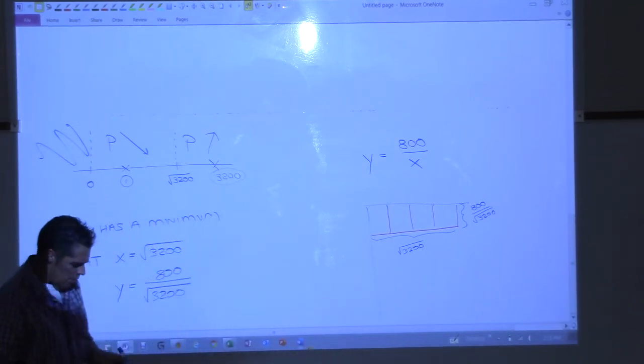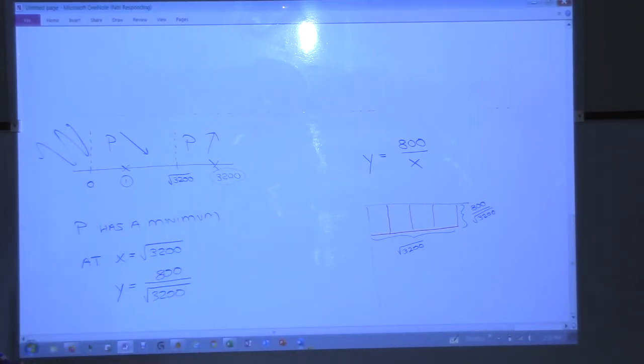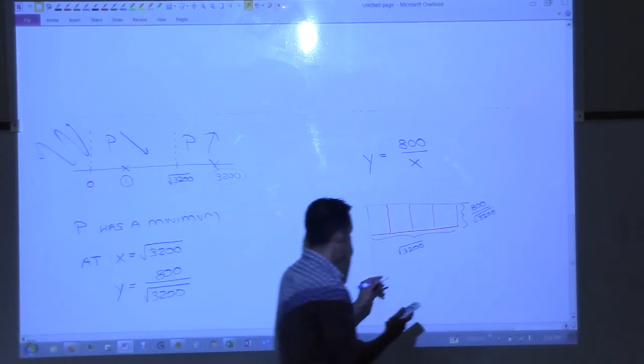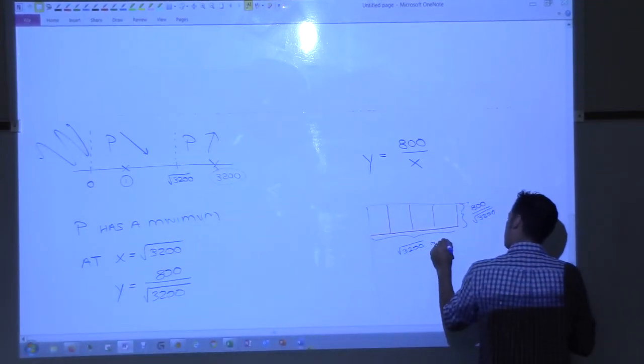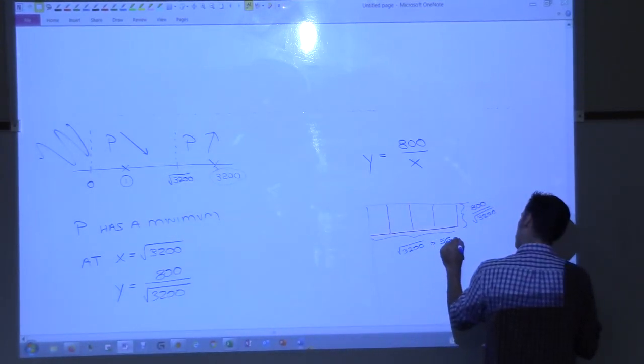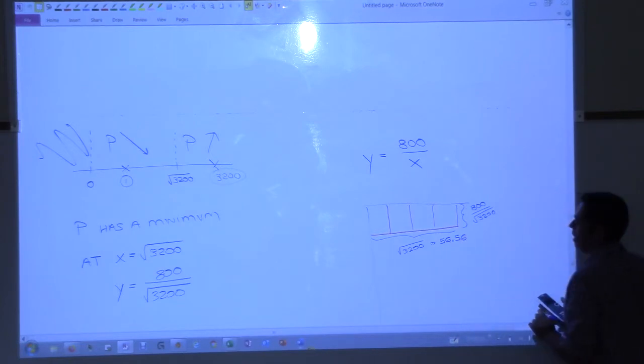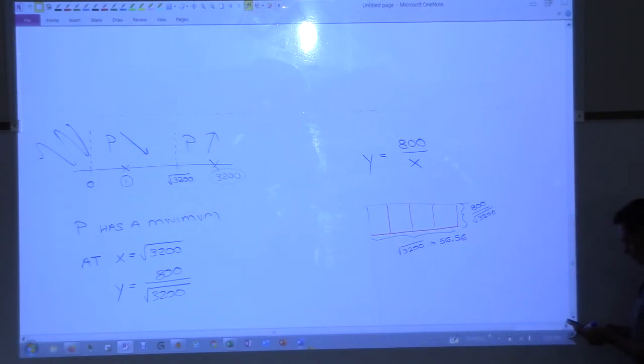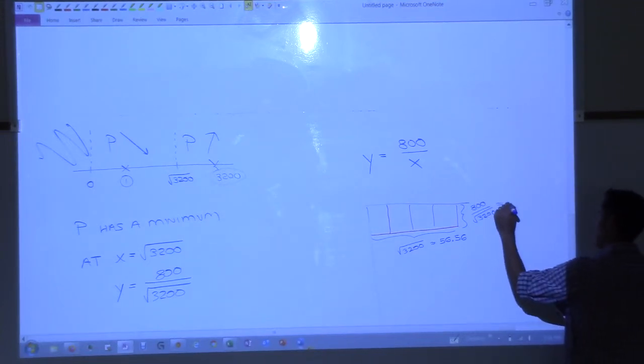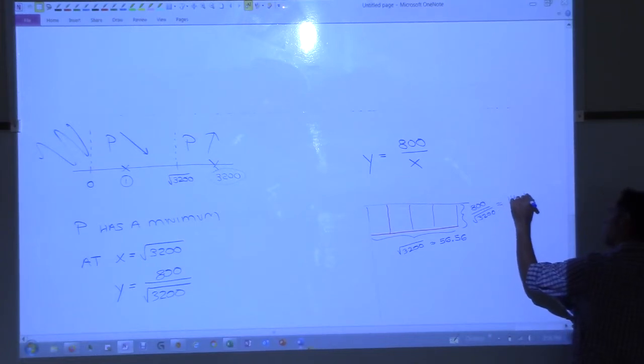Just going to see what those are as decimals here. I'm sure some of you have already done it. So this is about 56.56, and then 800 divided by that is about 14.14.